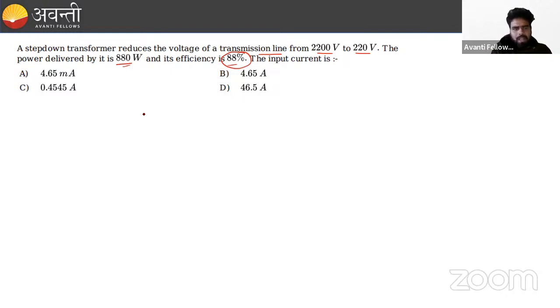Here the power output is given as 880 watt, and firstly we have to find the power input. Power input is nothing but V into I.